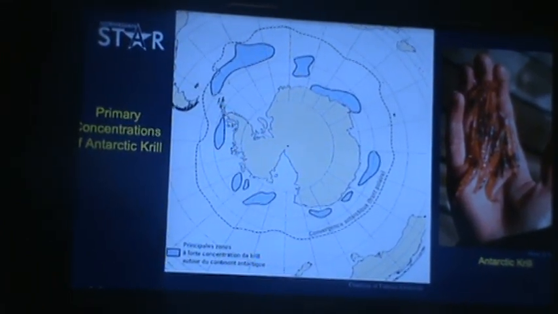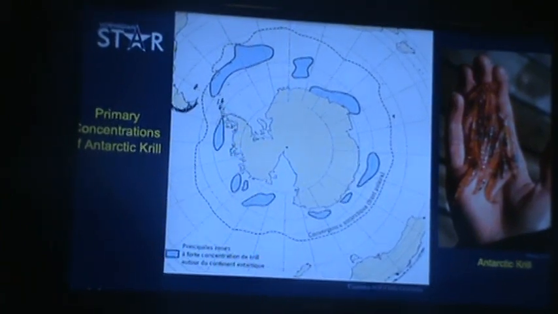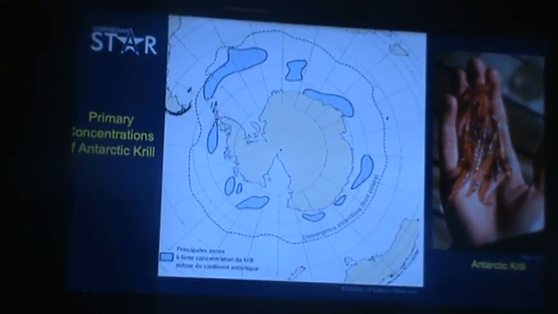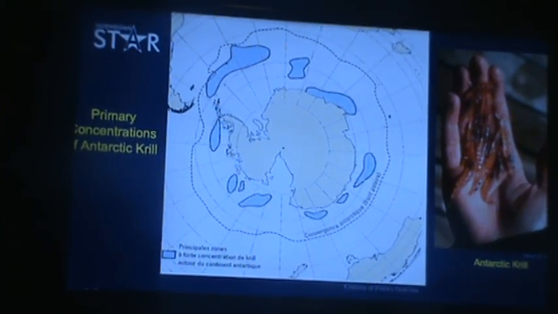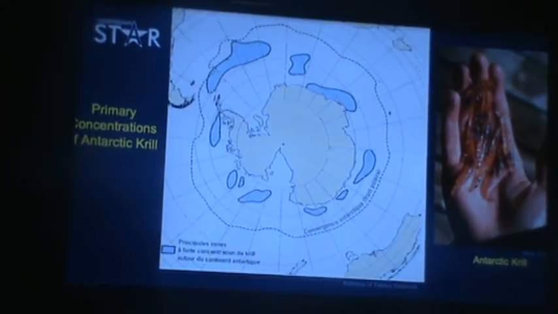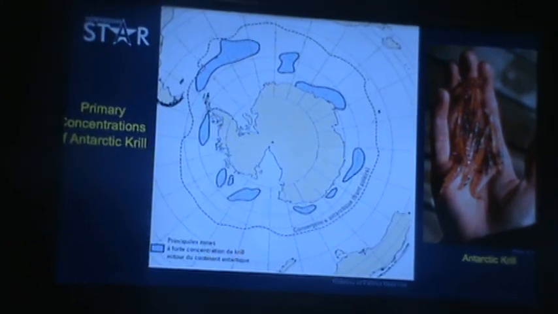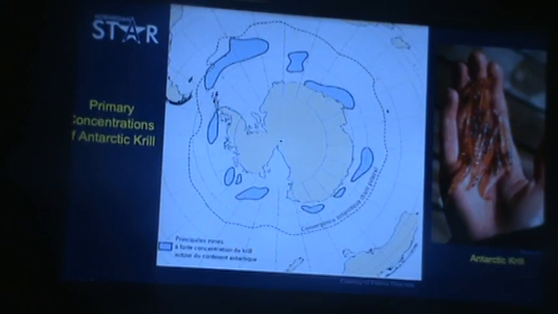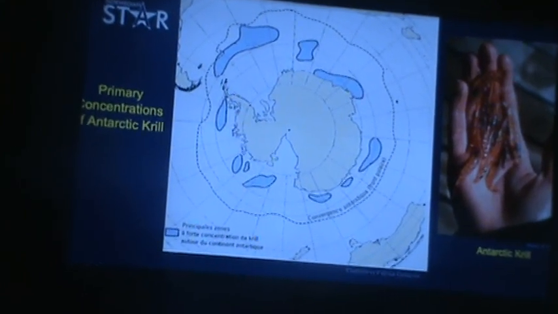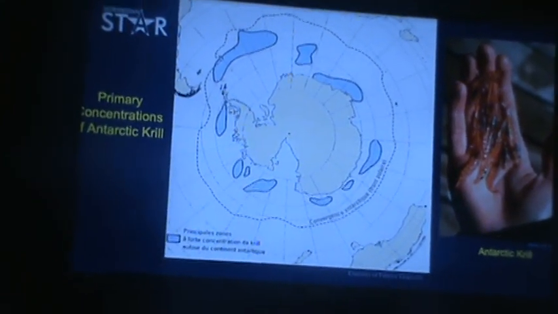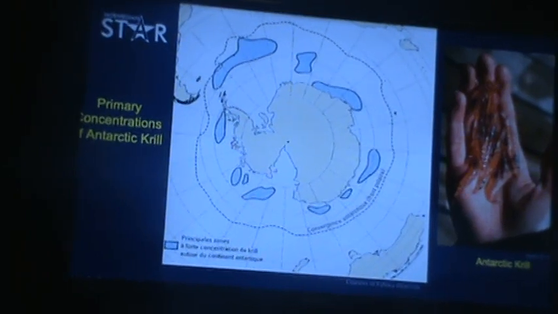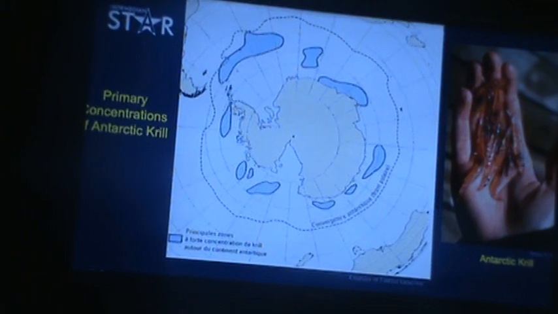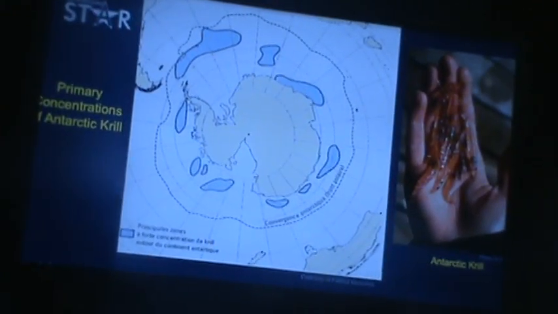And as that ice vanishes, there is less food available for the krill, and that's one of the reasons the krill as a mass group is diminishing. There's another reason, of course. It's also being exploited by mining, because the krill is then processed and used as feed for fish farms, particularly the salmon fish industry.